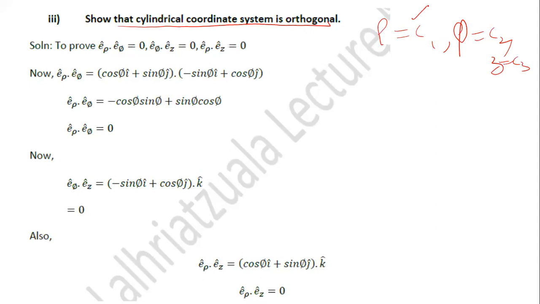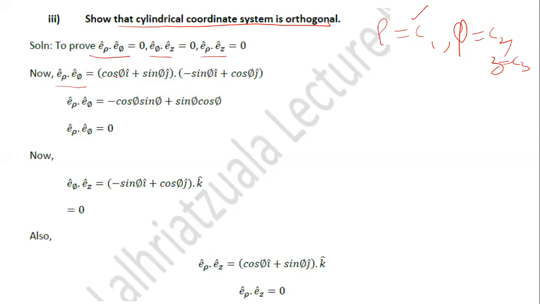Now again, you can show that this curvilinear coordinate system, the cylindrical coordinate system, is in fact an orthogonal curvilinear coordinate system, right? In order to do that, we have to see that the dot product between the unit vectors is zero. So you just perform a dot product.